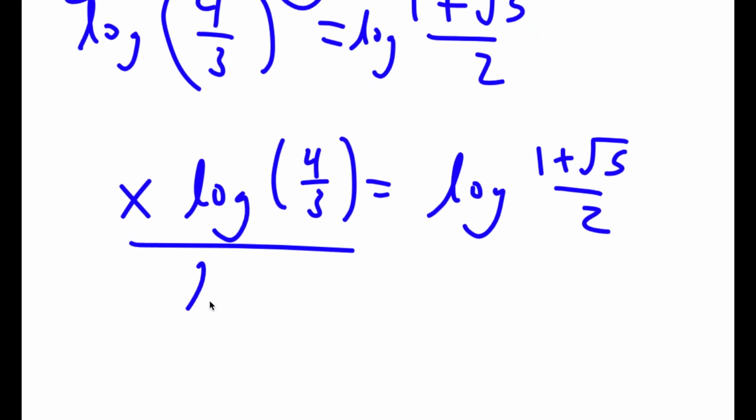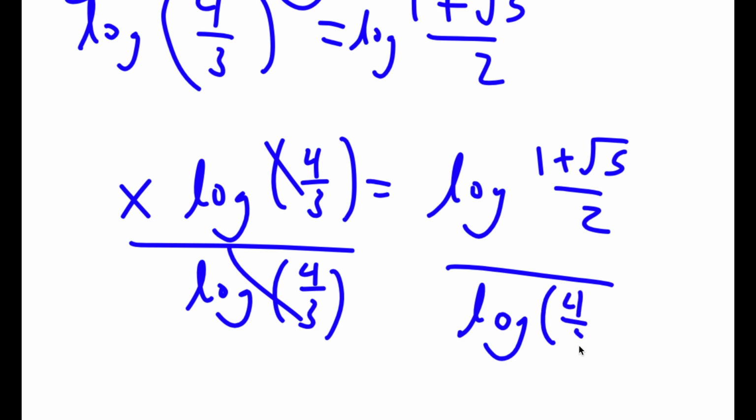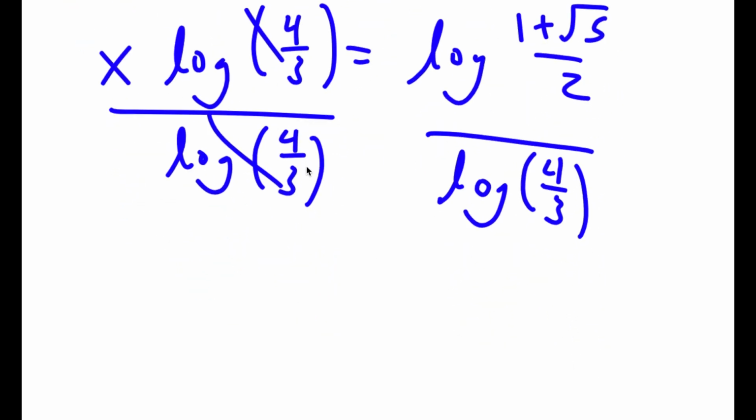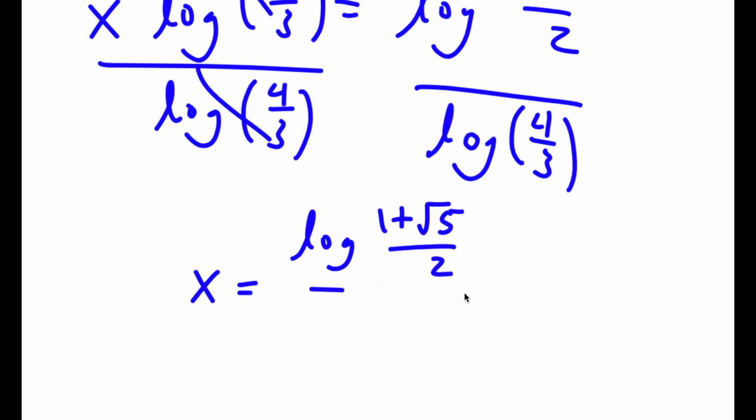Now if I divide both sides by log 4 over 3, these two cancel out, so I'm left with x is equal to log of 1 plus the square root of 5 over 2, over log 4 over 3.